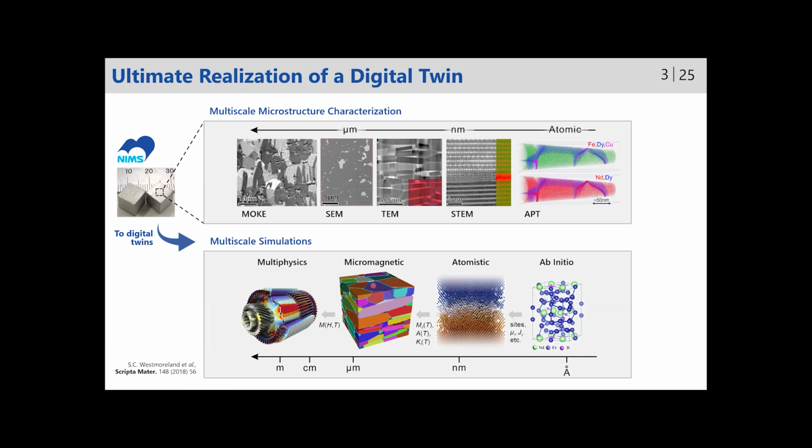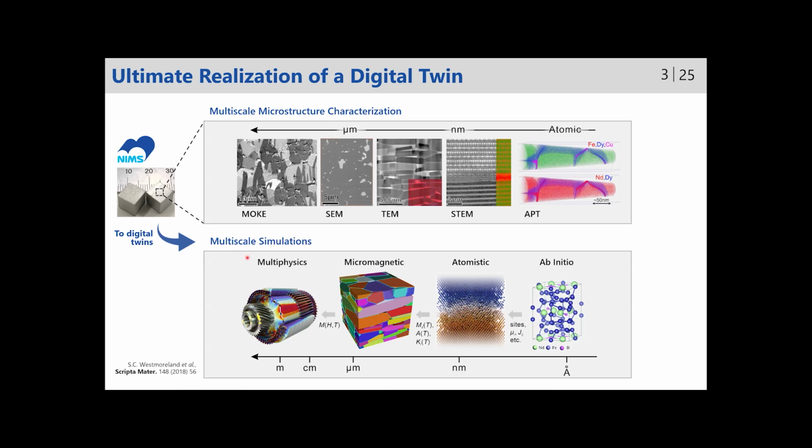Then we should go up to the grain size scale and be able to reproduce some magnetization reversal process in a continuous approximation. So no longer do we see any atomic arrangement, so we consider solid matter as a continuous medium. And then ideally, we should be able to describe the behavior of a material in a final device.